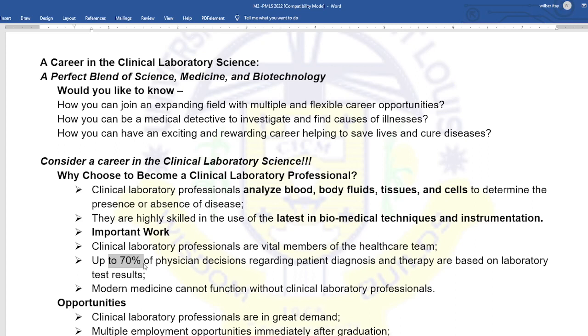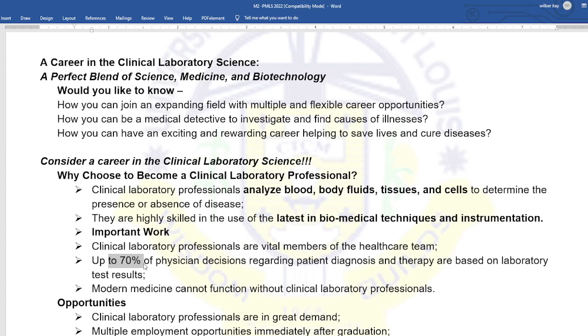There are other ways wherein physicians diagnose patients, for example, signs and symptoms, X-ray, MRI, CT scan. So the diagnosis is not contributed only by the medical technology profession. There are other sources of information for the diagnosis of diseases.